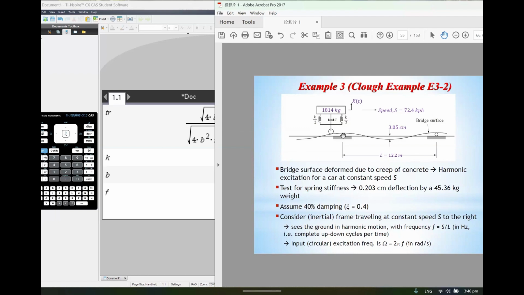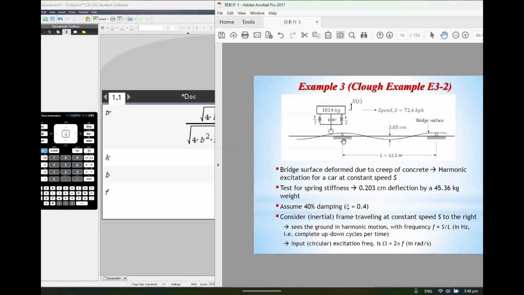Well, what we see is moving ground of amplitude 3.05. And what is the frequency? Think about it. In the moving frame, how soon will you experience one complete up and down? In other words, when you hit this peak, when is the next time you hit a peak of the ground?